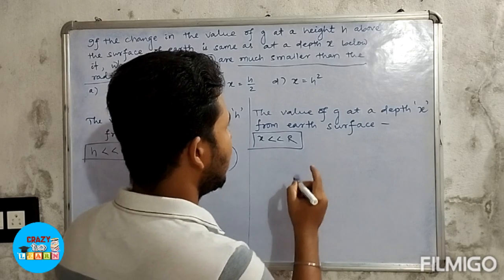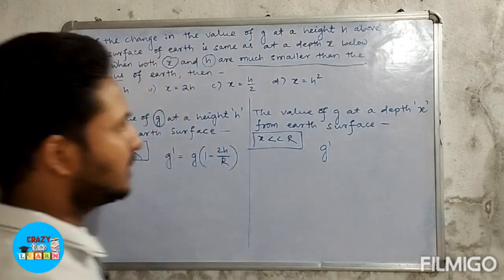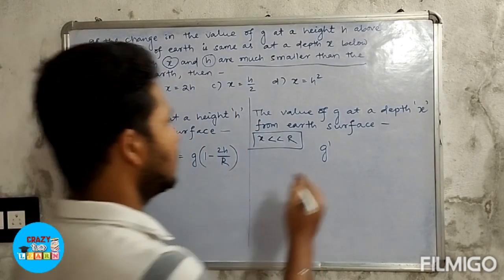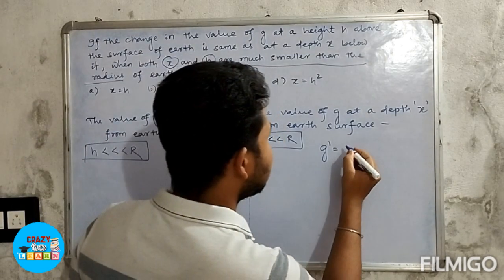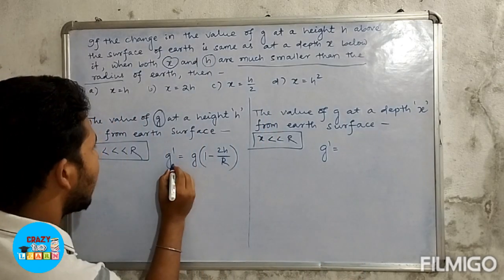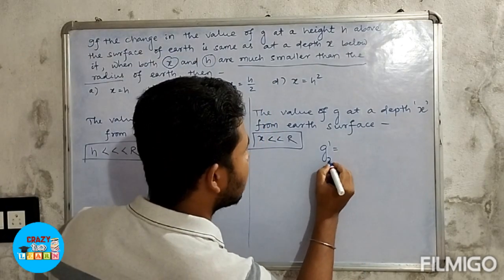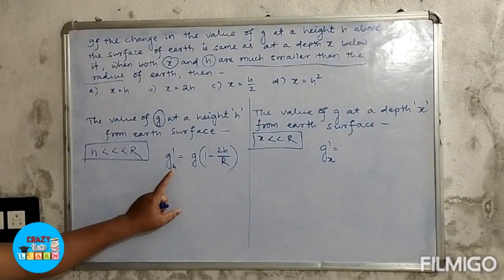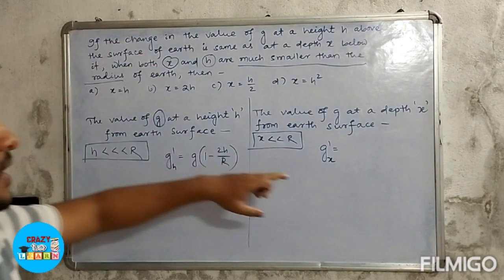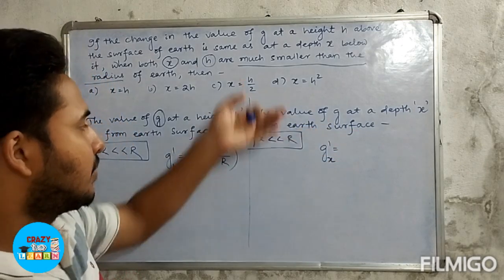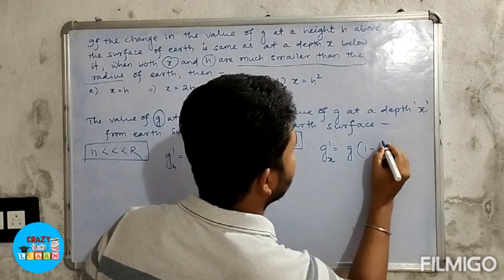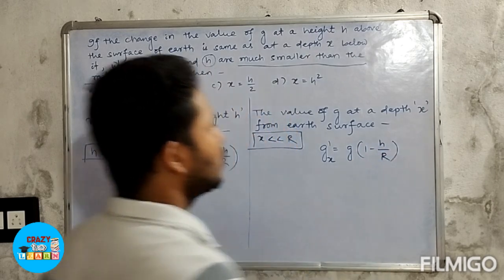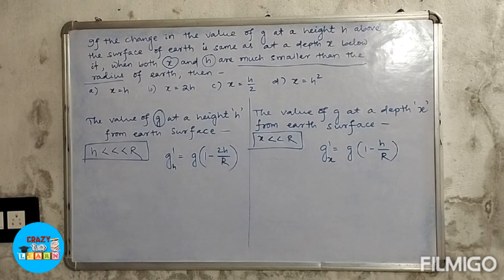So what is the value of g dash, that means the value of g, the acceleration due to gravity? This one is for height, at a height from the earth's surface, and this is for depth. The value of g at a depth x is equal to g into 1 minus x by r. You should remember these two formulas, otherwise you cannot solve this problem.